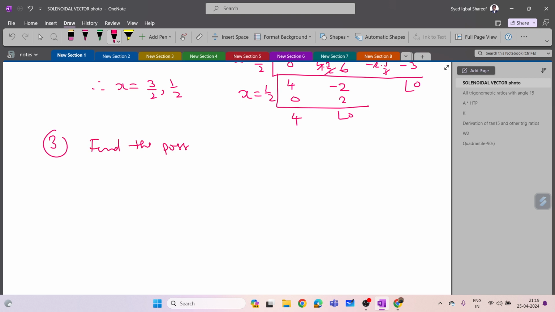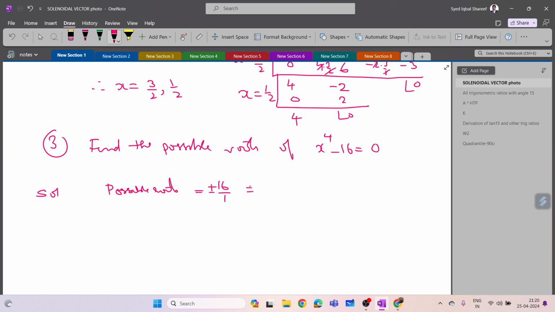Find the possible roots of x to the power of 4 minus 16 equal to 0. So what is possible roots? Possible roots: constant by leading coefficient, which is 1, plus or minus.